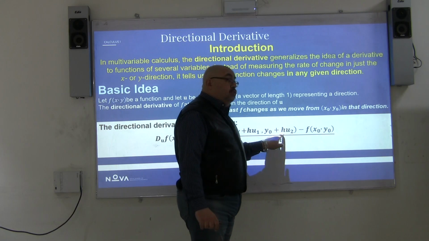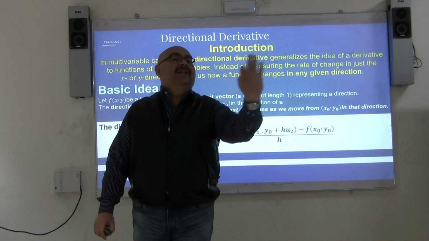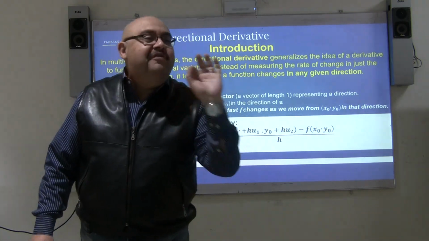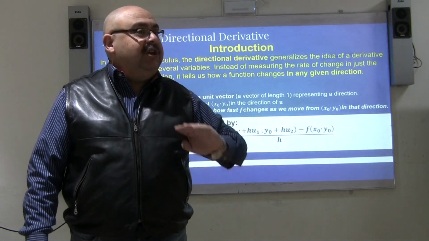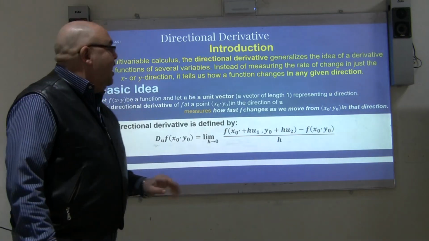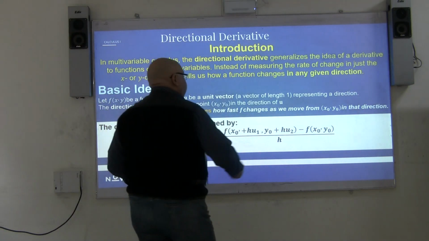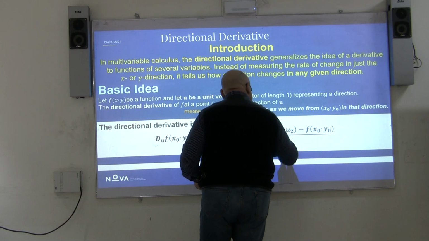What are u1 and u2? They are the components of your vector. You are evaluating the rate of change in its direction, and then minus f of x naught, y naught, divided by h.